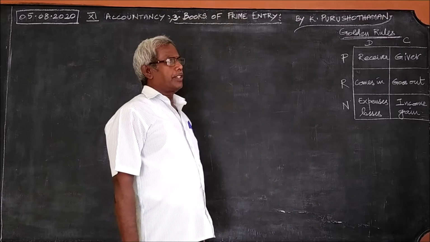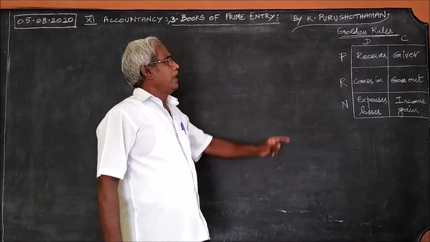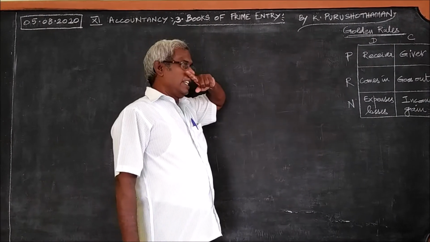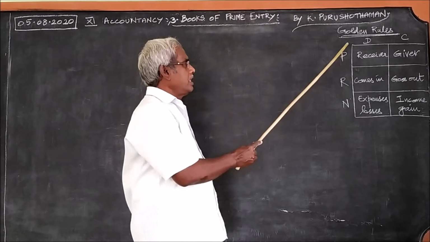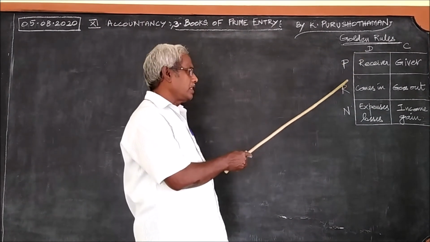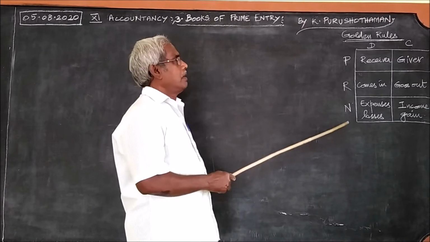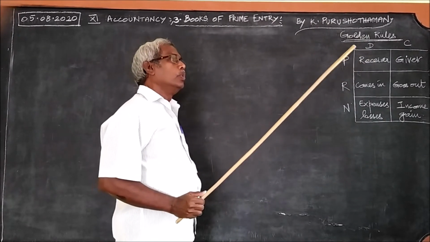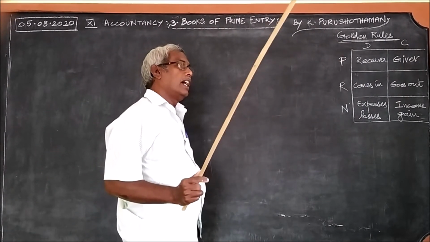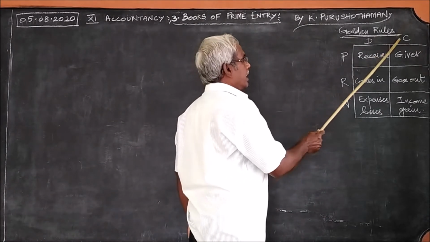We have studied already, under the traditional approach, there are 3 accounts: the personal account, the real account, and the nominal account. For personal account, there are 2 rules, one for debit and the other for credit. Debit the receiver, credit the giver.